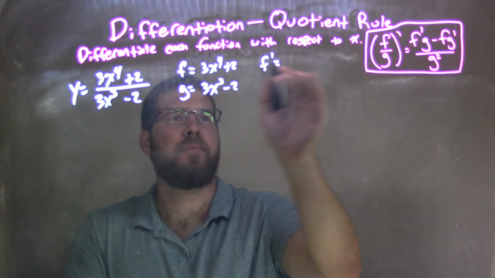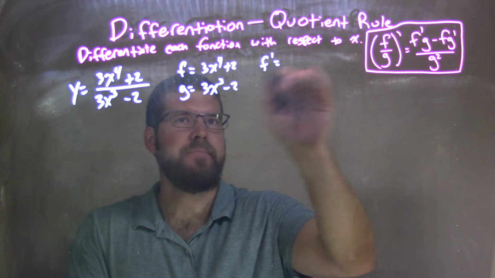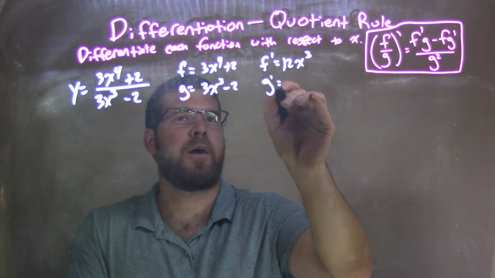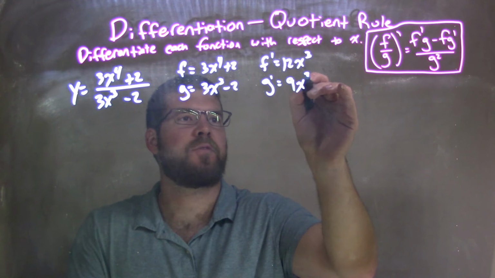F prime, power rule, sorry. So we have 12x to the third power, and g prime, again power rule, gives us 9x squared.